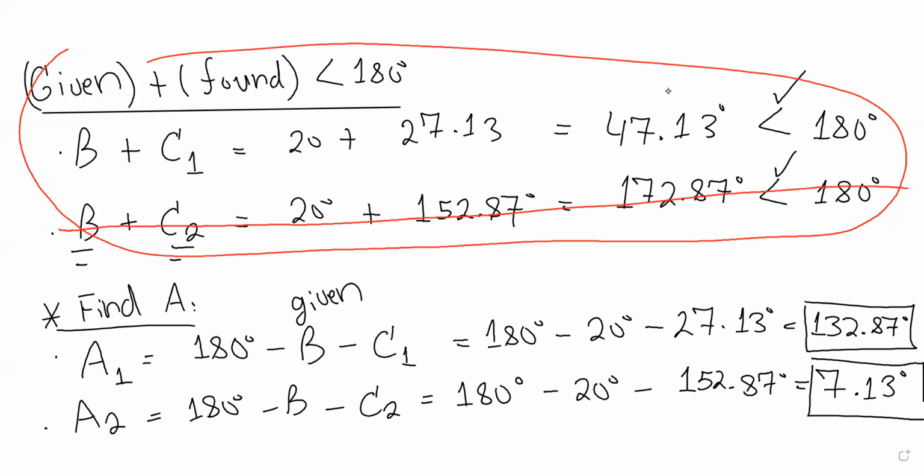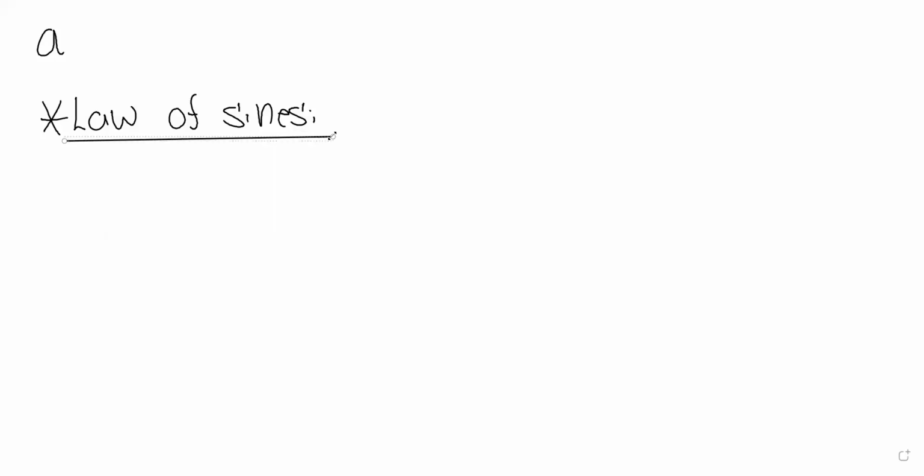Okay, last step. In this case, we have a C1 and a C2. So finally, we just need to find the length little a. So you always go back to doing law of sines again. This is always the process. I start it the same way. Easiest way is to do sine of my given angle, which is sine of B over the length b.